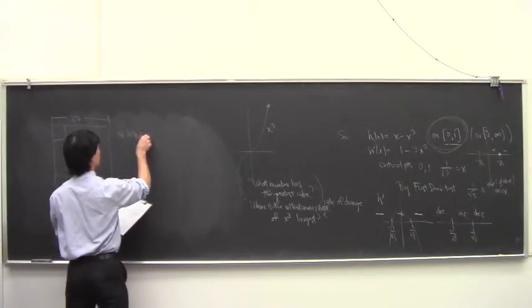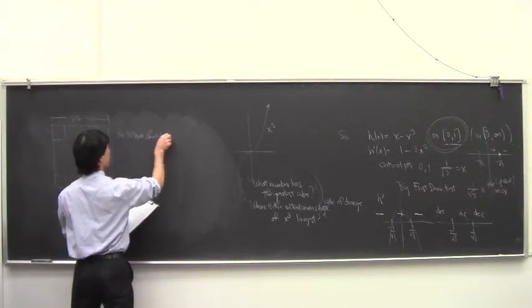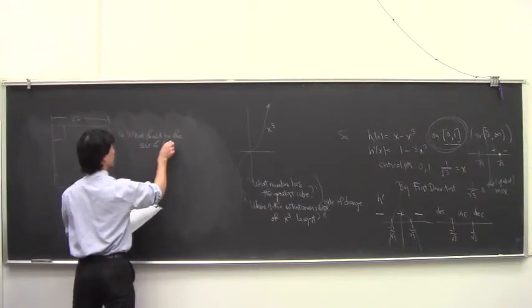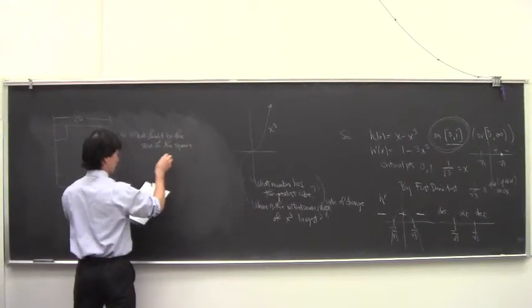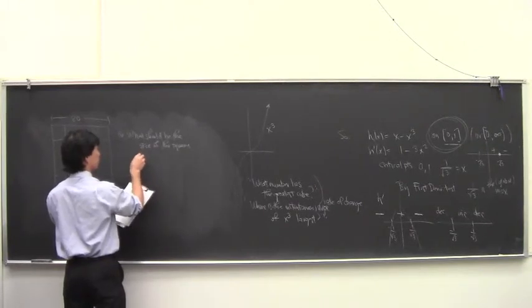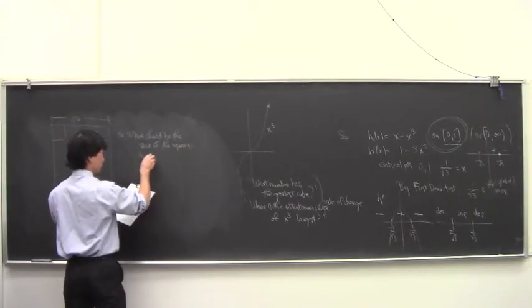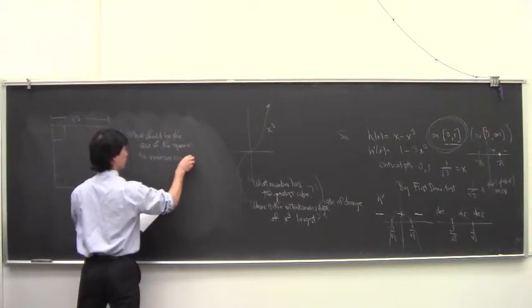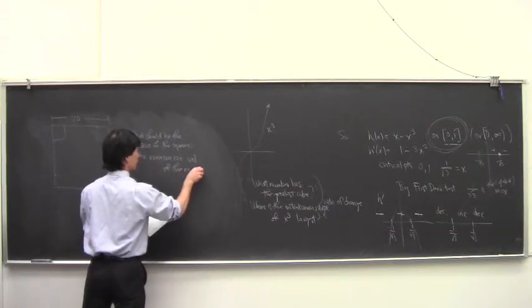What should be the size of the square to maximize the volume of the resulting box?